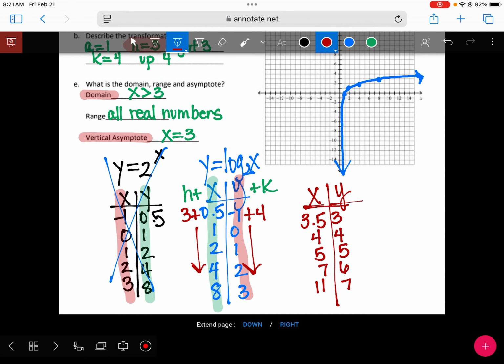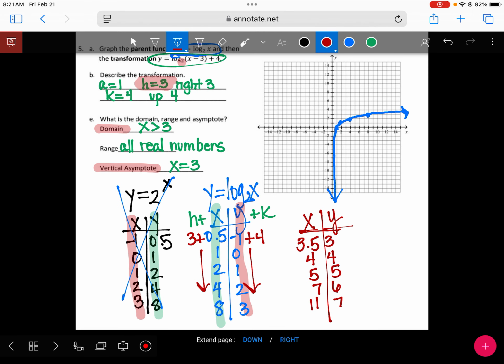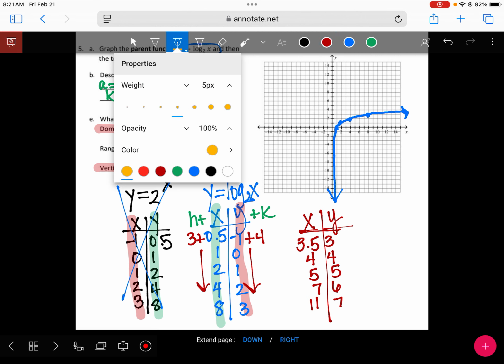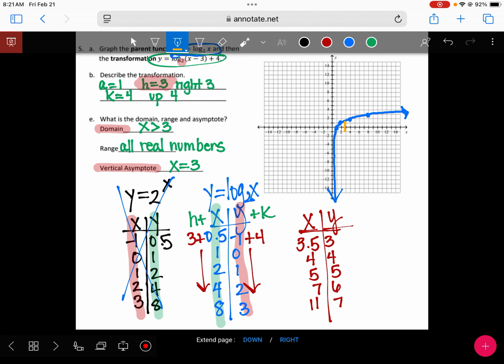All right, so let's go ahead and draw in our asymptote. And that asymptote is going to be at x equals 3. I like to draw this in just as a reminder that when we graph it, it can't go through this wall.